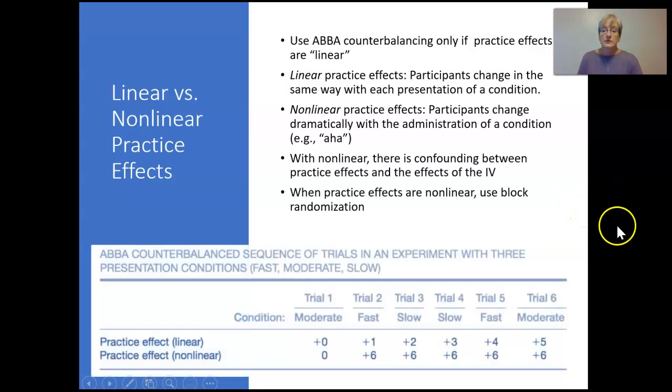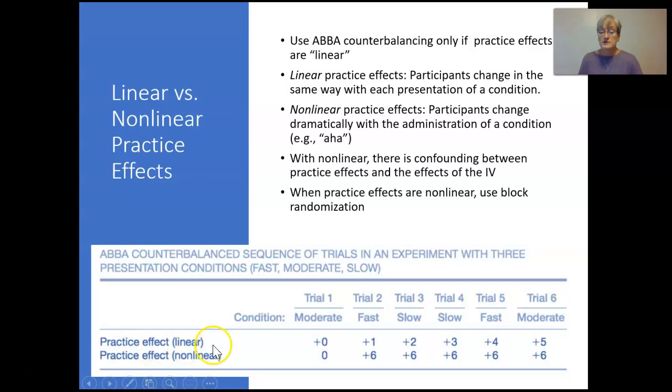Now this is an example from your text where they talked about ABBA counterbalance sequences of trials in an experiment where you have three conditions, and showing, when there's a linear practice effect, you notice there's a steady increase versus a nonlinear effect where they start out at 0, but then they plateau and everybody's at the high level.